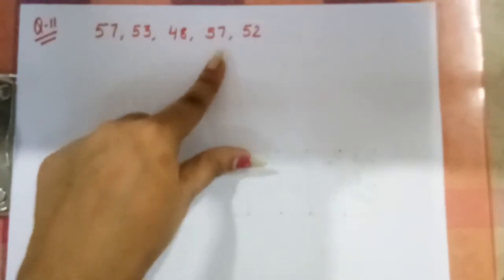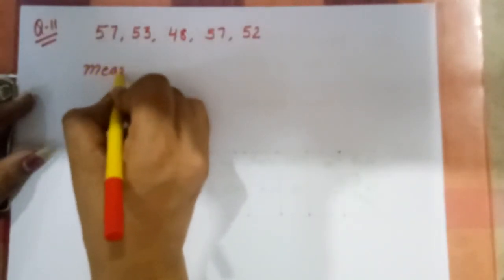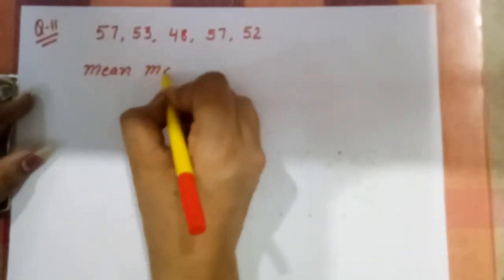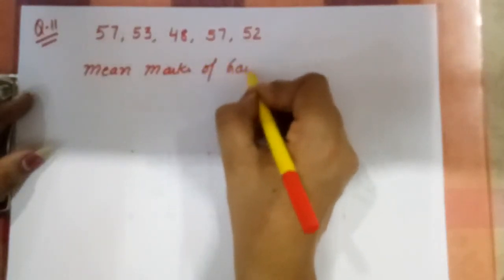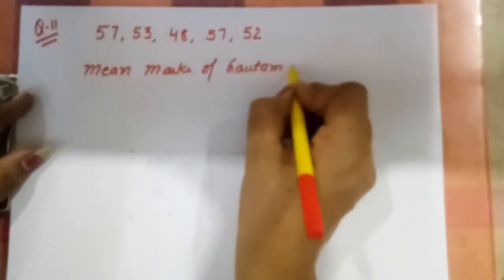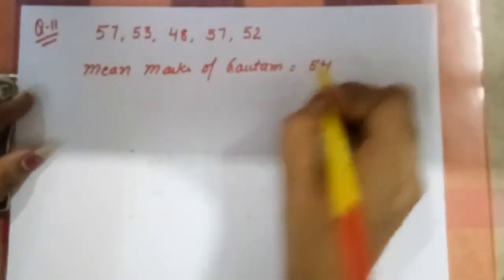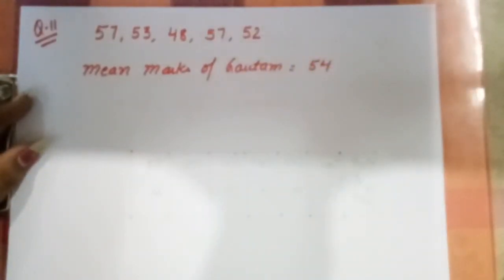So out of the 6 matches he played, he scored this much in 5 games, and you have to tell how much he scored in the last inning, if the mean score of Gautam is 54.